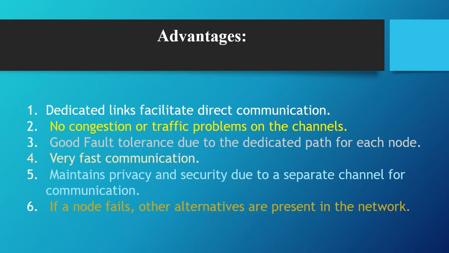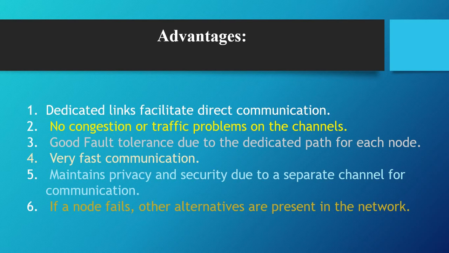Now I will move towards the advantages of mesh topology. Dedicated links facilitate direct communication, no congestion or traffic problems on that channel, good fault tolerance due to a dedicated path for each node.